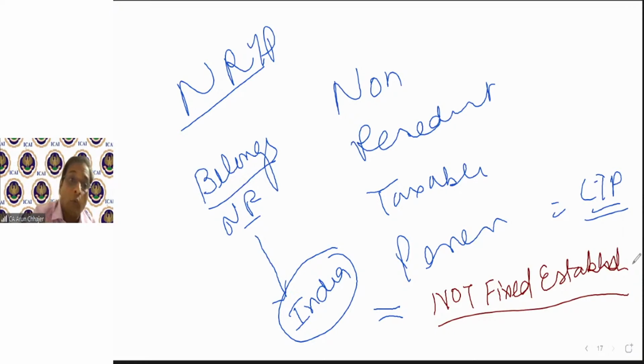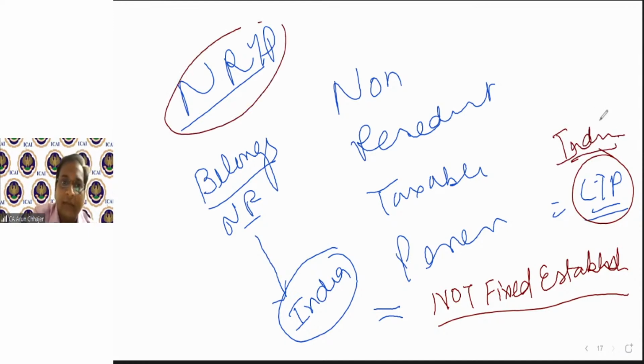Okay. What is the difference? The casual taxable person is an Indian resident, correct? But a non-resident belongs to out of India, coming to India for a temporary purpose, and in that time period he would like to make taxable supplies.